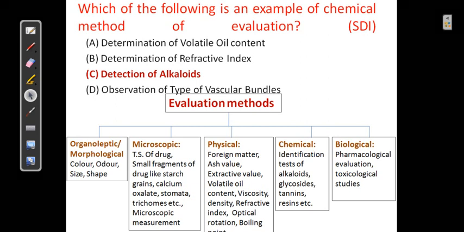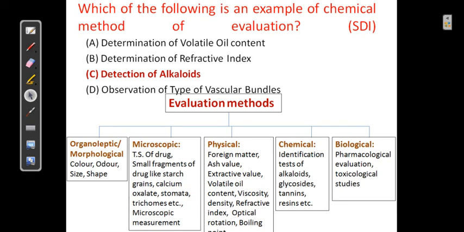Chemical method of evaluation includes identification tests for alkaloid, glycoside, volatile oil, tannin, resin, etc. Another method is the organoleptic or morphological method of evaluation, which includes color, odor, size, shape of crude drug.